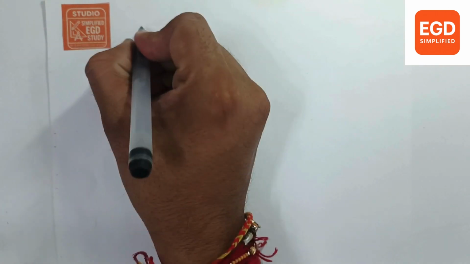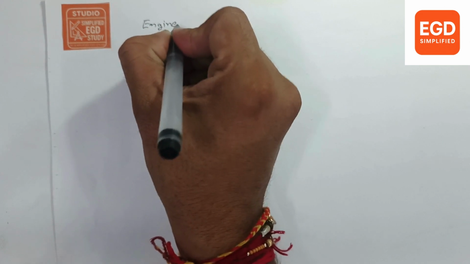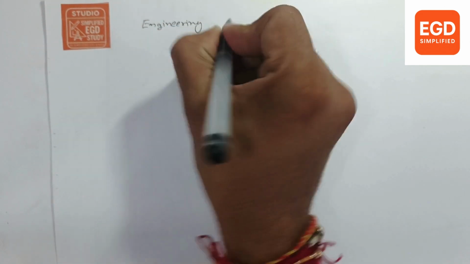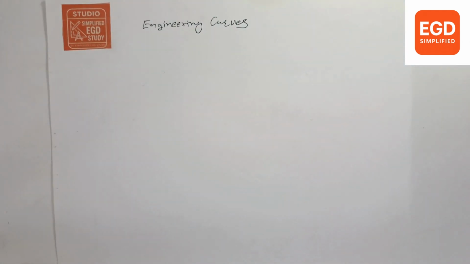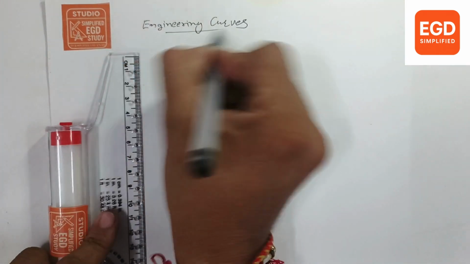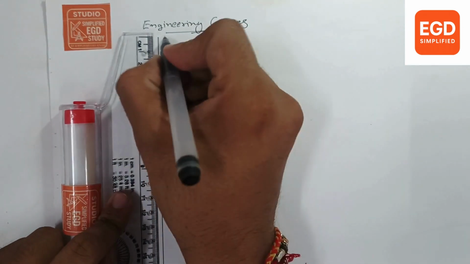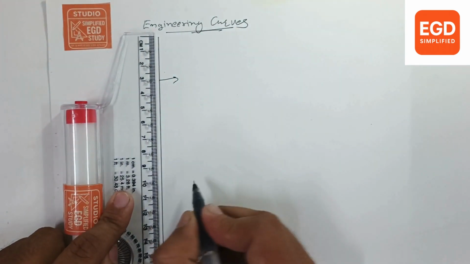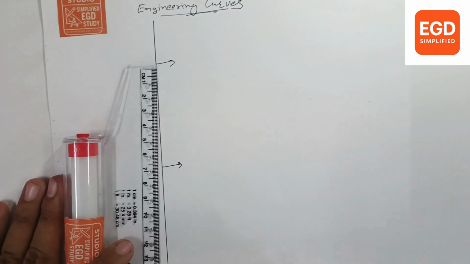Today we are going to learn about engineering curves. There are mainly 4 types of engineering curves that we will cover.